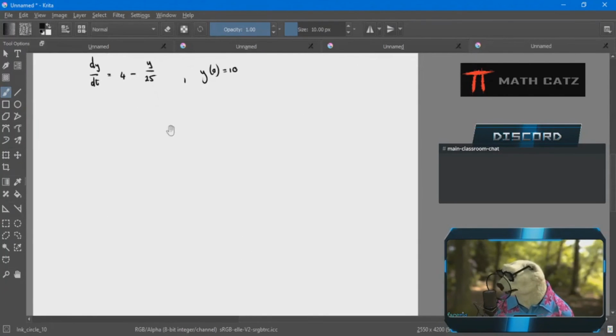That's our differential equation. Before we worry about any other questions, we have to solve this differential equation first. So I will put the two terms on the right together over 25.